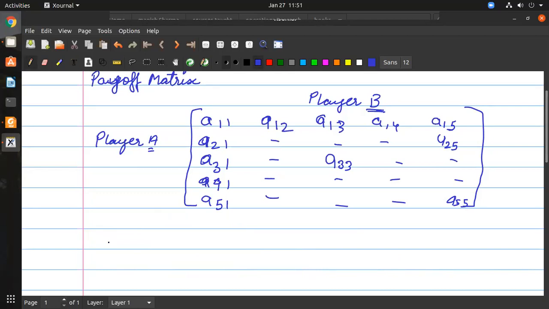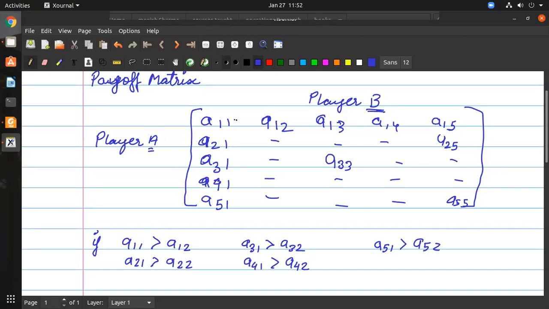So in this case, if A11 is greater than A12, A21 is greater than A22, A31 is greater than A32, A41 is greater than A42, and A51 is greater than A52.